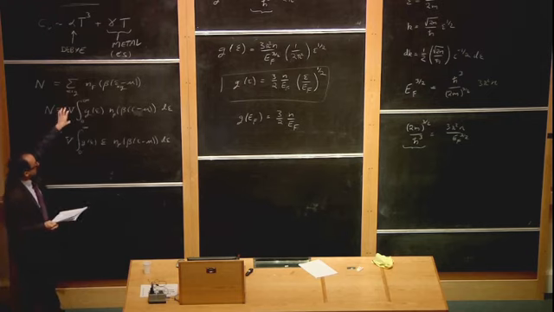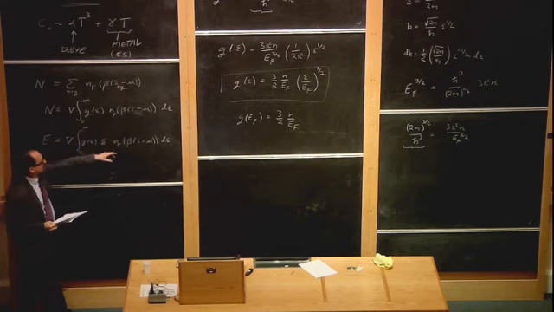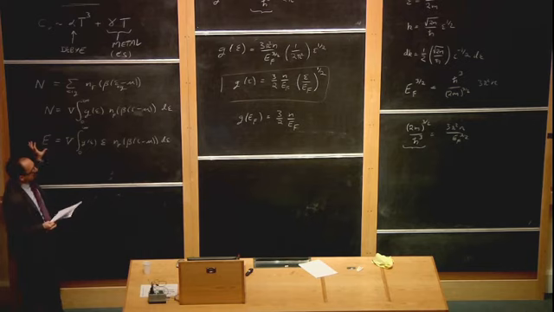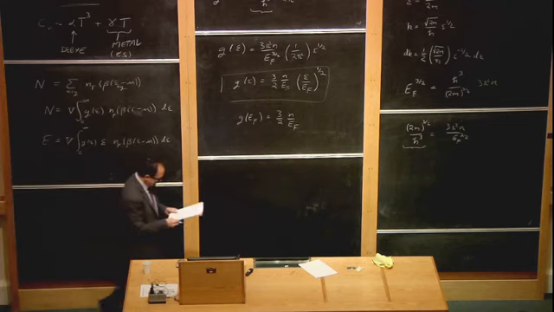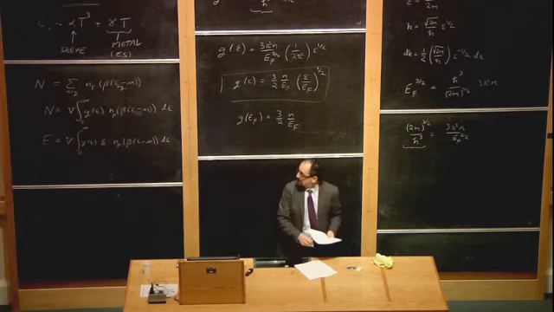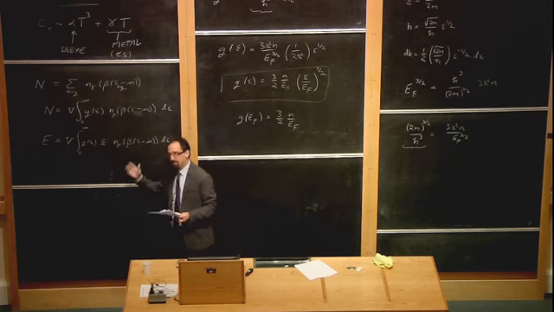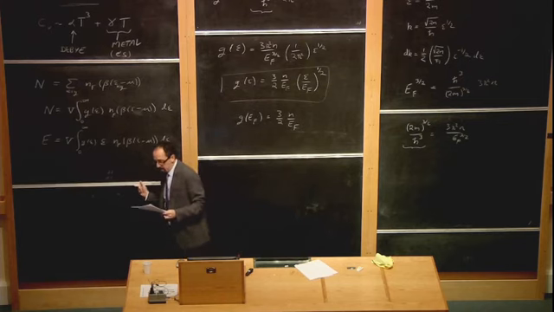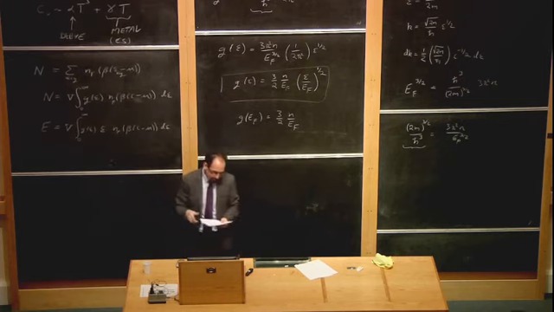You find the chemical potential first, then you find the energy. Once you know the chemical potential, you know the energy as a function of temperature. You could differentiate that to get the heat capacity. So in principle, from this kind of argument, you could get the heat capacity if you could do these integrals. The problem is that these integrals are really nasty, and that's why we're not going to do it this way.